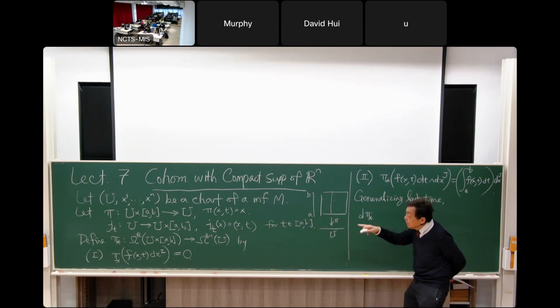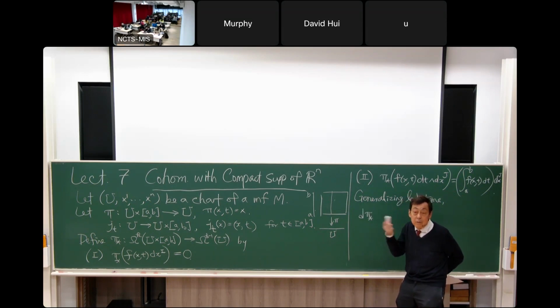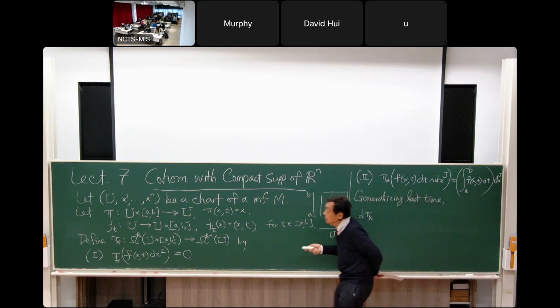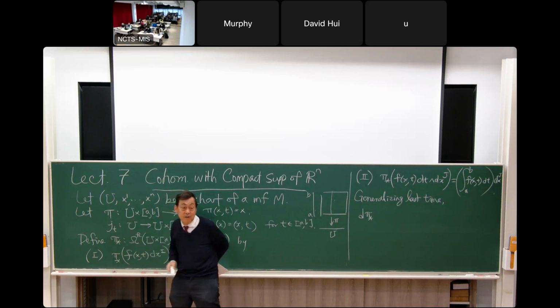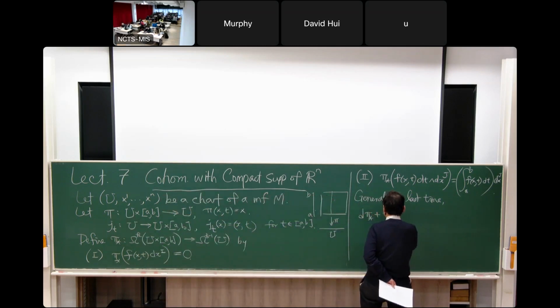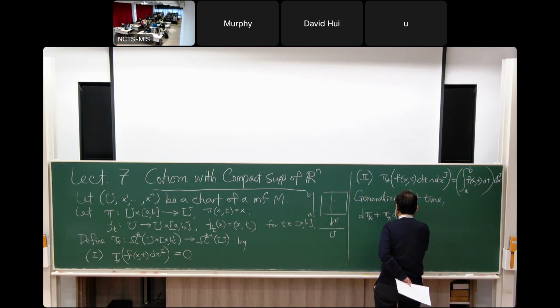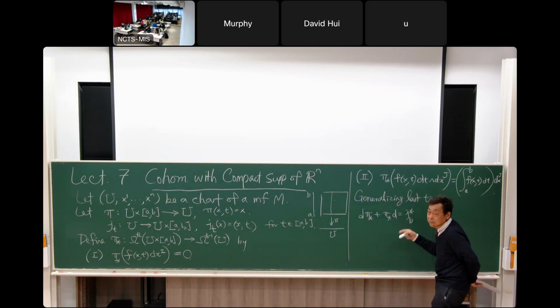Last time I called it pi lower star because it was a cochain homotopy between j_1 star and j_0 star, right? So we proved this formula last time, but instead of 0 and 1, you can have a and b.